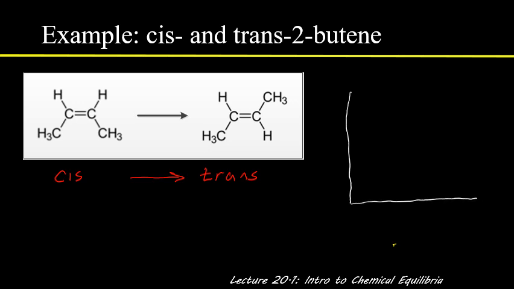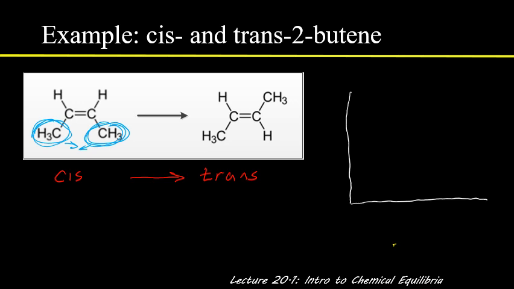Oh, before I show you the activation energy barrier, let me mention something else. These CH3 groups here and here are rather bulky. They're not huge, but they're a little bit bulky. And so when these are both on the same side of the bond, they kind of interfere with each other.